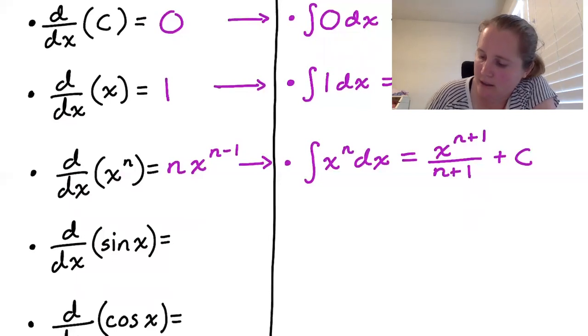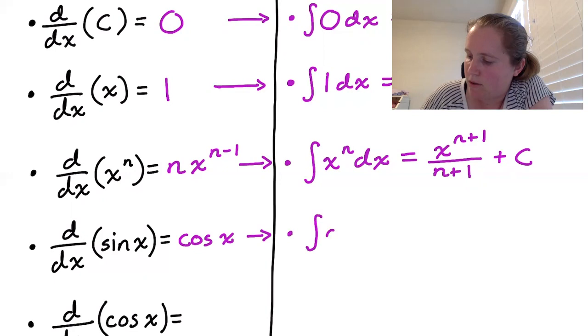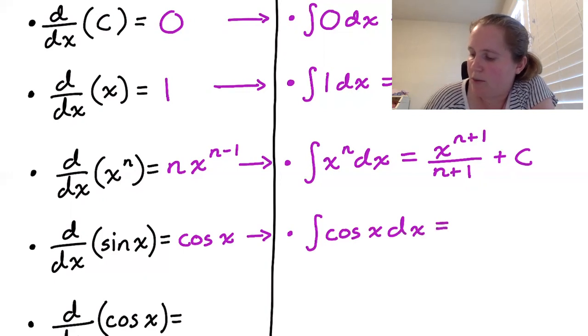Derivative of sine x was cosine x. And so the corresponding integral, we have the integral of cosine x dx should be, go backwards, we backtrack to sine of x, and then plus c.